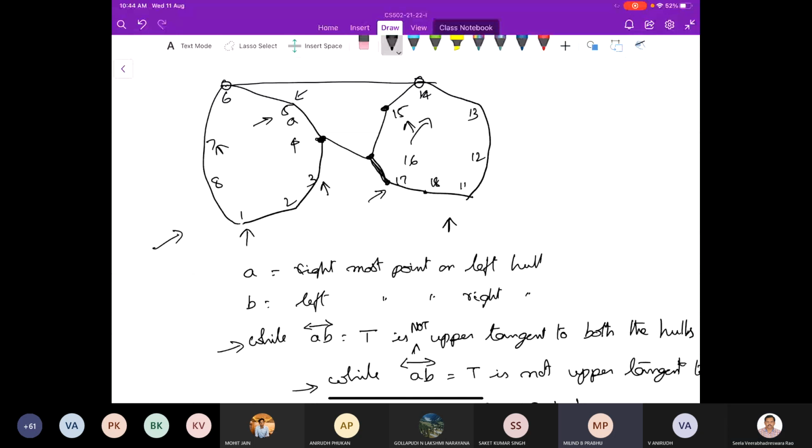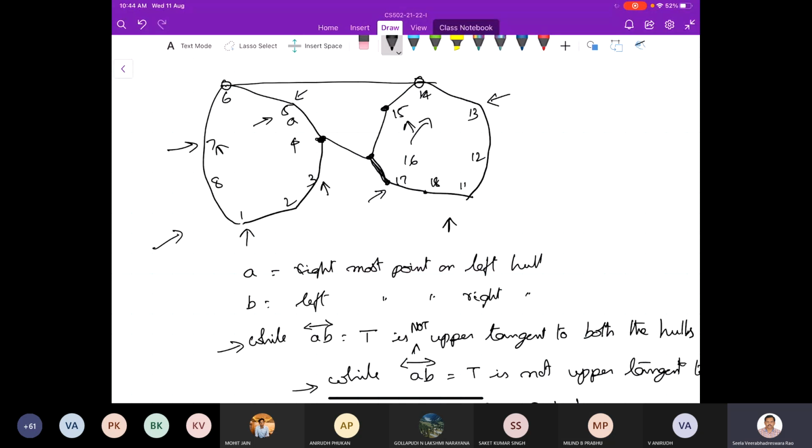We can argue that way. We will never reach 7 or 13 during execution of this while loop. We don't reach those two points; we'll stop at 6 and 14 only. Okay, that makes sense.